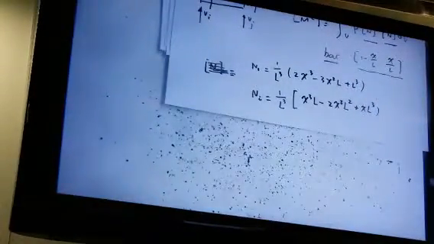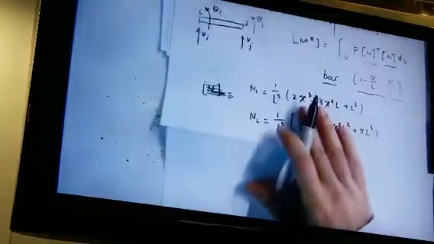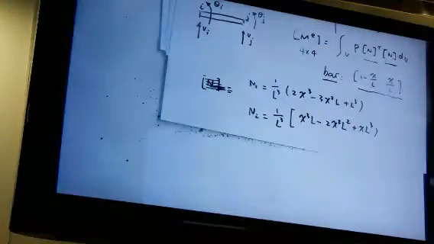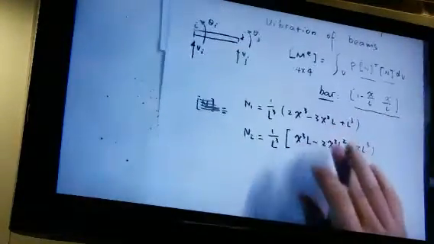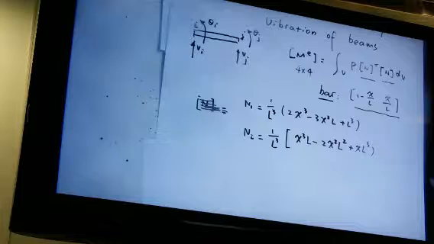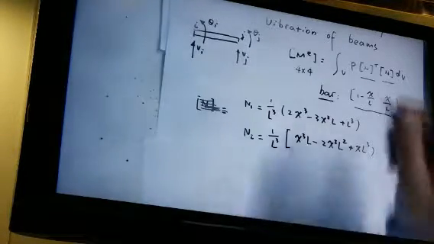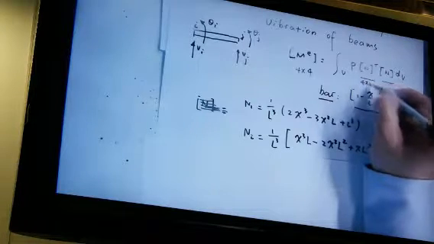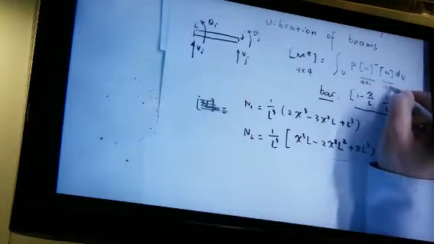We have 4, look at this big number, we have 4 degrees of freedom. So that means the mass matrix is 4 by 4. Okay? Let's check the dimension first. We have 4 degrees of freedom, Vi, theta i, Vj, theta j. So we need to form a 4 by 4 M matrix. And if you need to form a 4 by 4 M matrix, that means this one needs to be 4 by 1, this one needs to be 1 by 4.